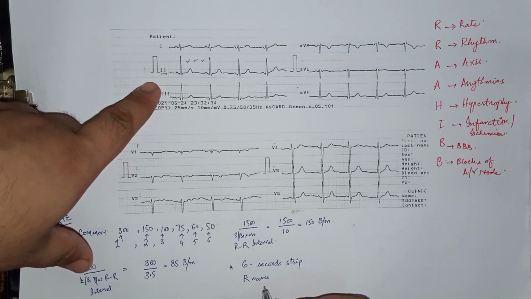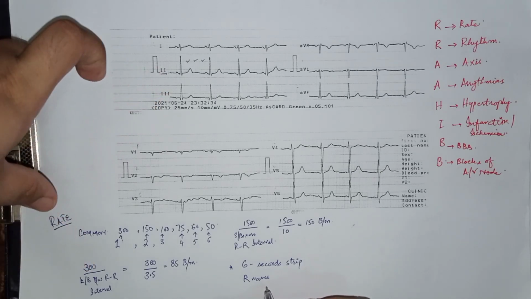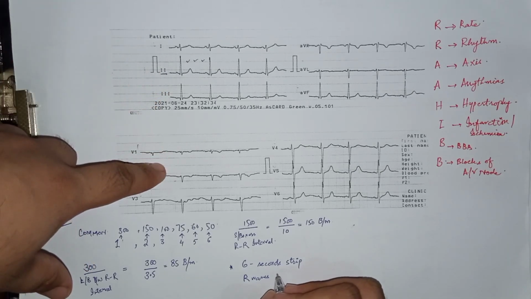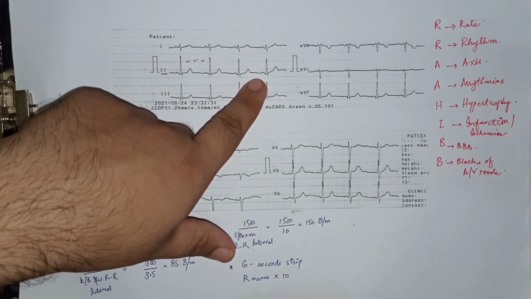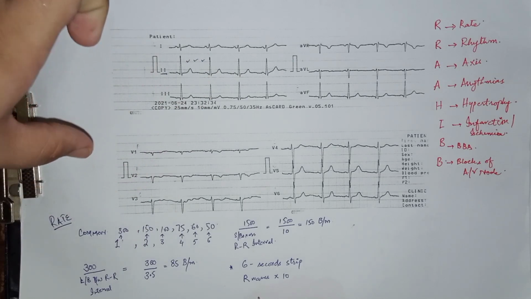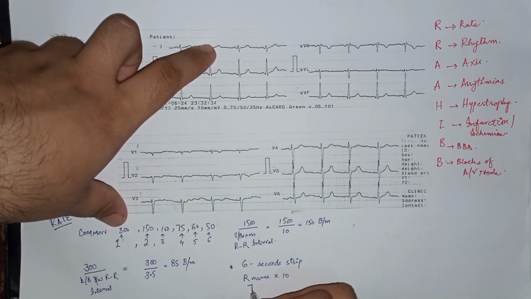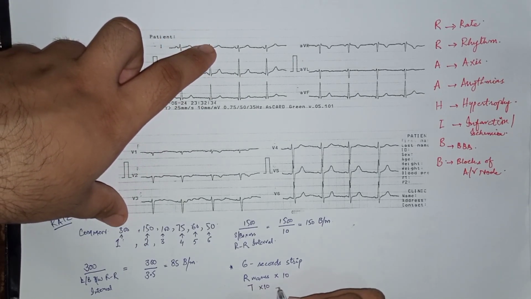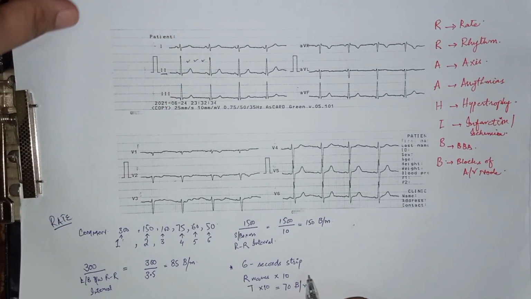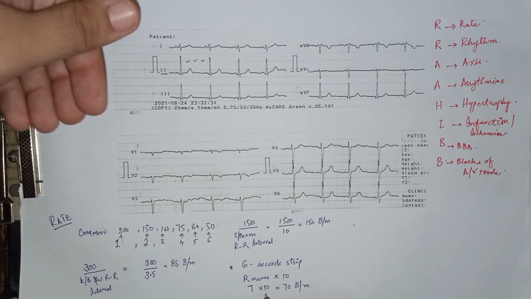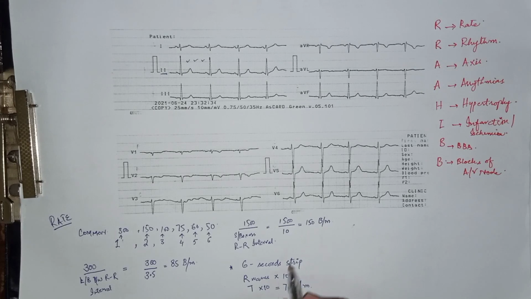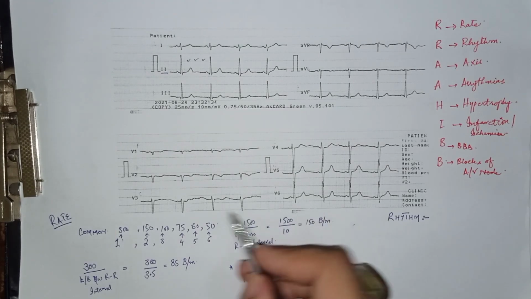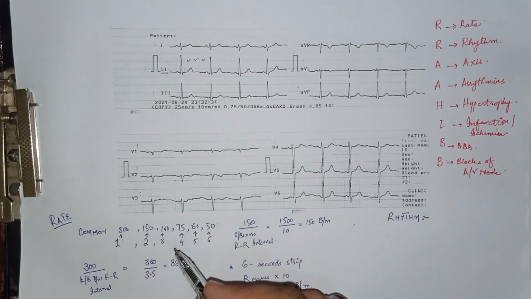This is a special ECG which doctors ask for when the rhythm is irregular. So multiply the R waves by 10. Suppose in the 30 large boxes there are 7 R waves, so 7 R waves times 10 equals 70 beats per minute. This is the rate calculation for irregular rhythms. This was all about the rate calculation in the ECG paper.